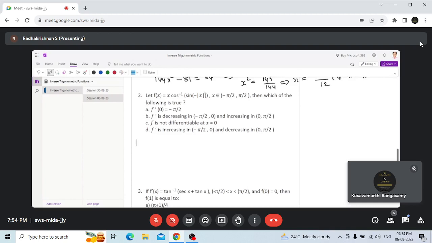So your first step is to simplify this expression to the extent possible, and then we can differentiate it.